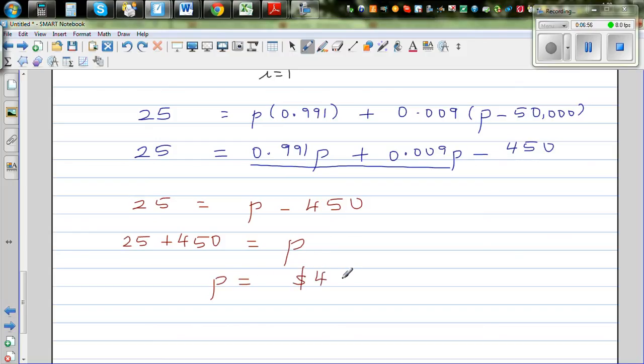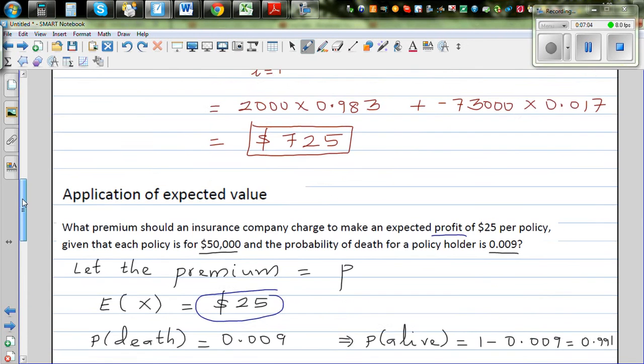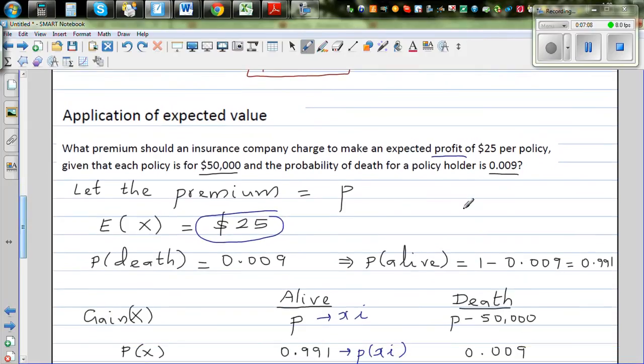What does this mean? If the insurance company is charging a premium of $475 for a policy of 50,000, and you know the probability of a policyholder of that age group dying is 0.009, you can say with reasonable confidence that if this policy is sold to a large number of people, they can expect to gain $25 per policy.